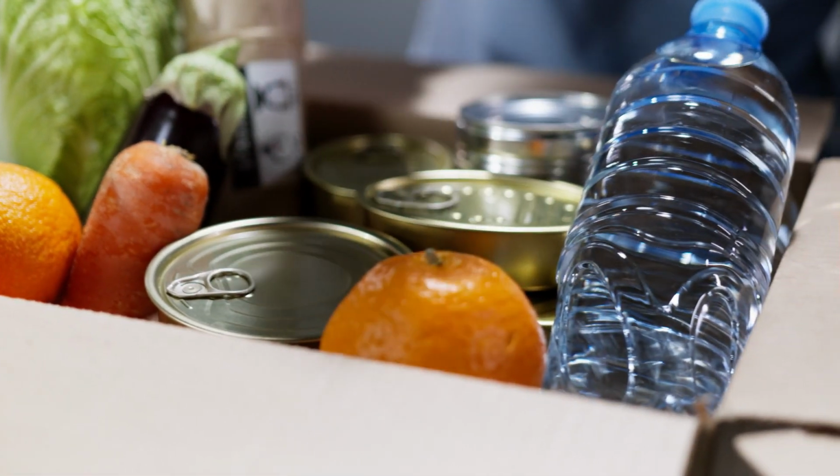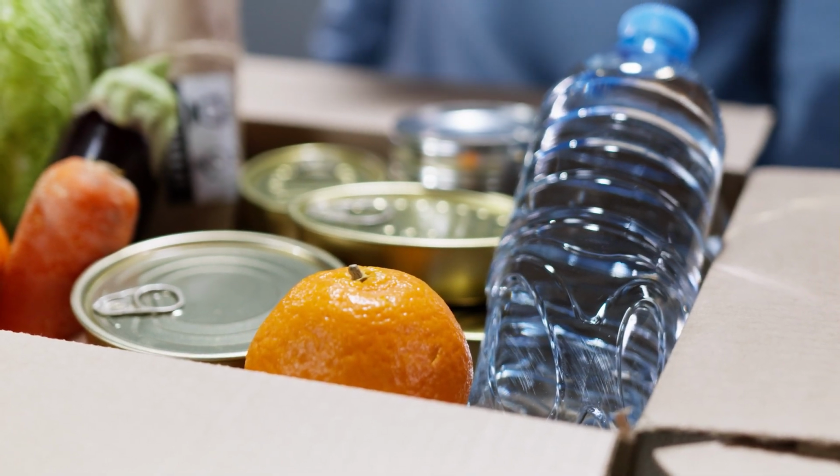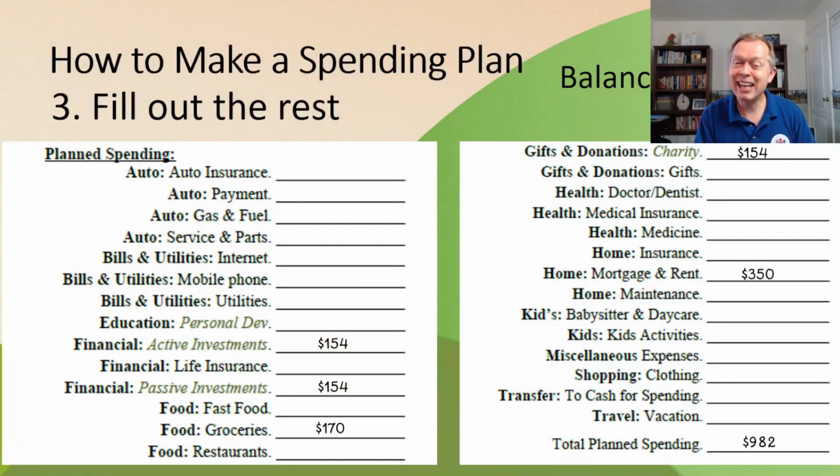What's the next most important thing? Well, the good news is Javier has a car and it's paid for, but he does have to pay for insurance. So we come over here and we add his insurance payment for a car is $85. But a car's not much good without gas, so he's also got to put a little gas in the tank, and that's going to be $90 there. So now we're down to $58.